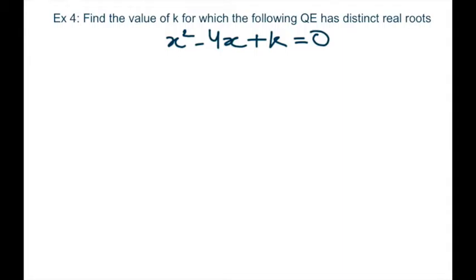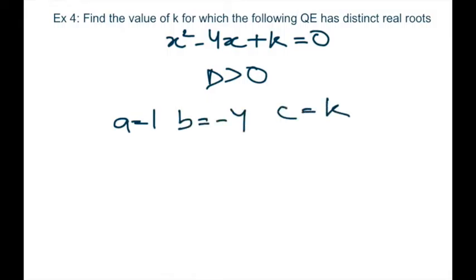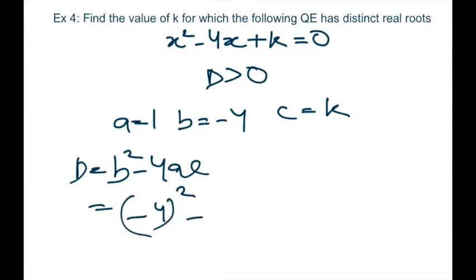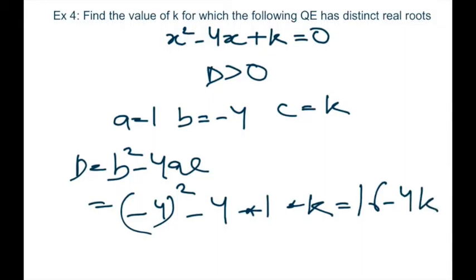Find the value of k for which the following quadratic equation has distinct real roots. Which means discriminant should be greater than 0, right? So here a is equal to 1, b is equal to minus 4, c is equal to k. d is b square minus 4ac, which is nothing but 16 minus 4k.